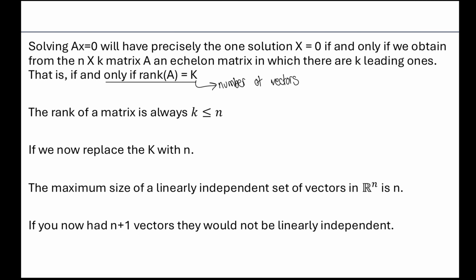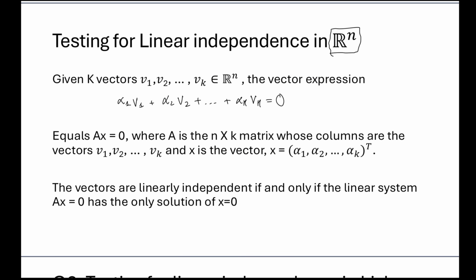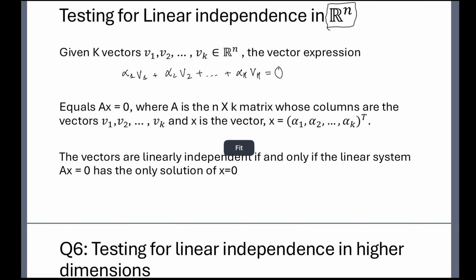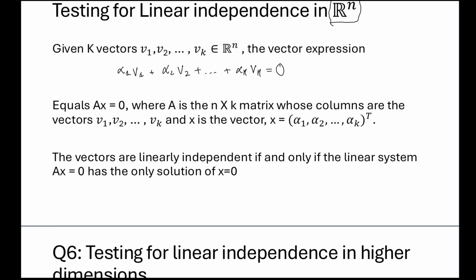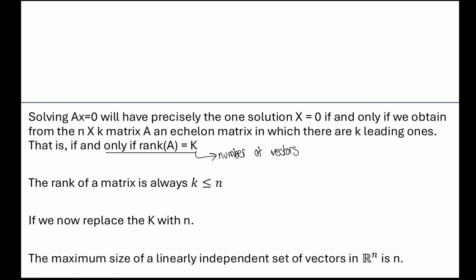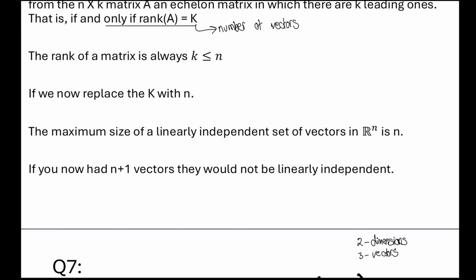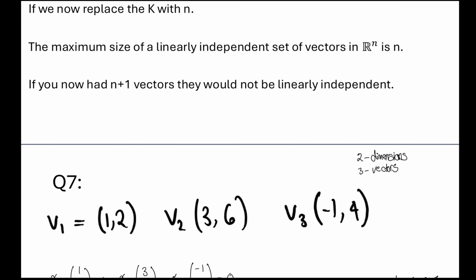So now, if we replace k with n, if we replace these k's with n, that means that the maximum size of a linearly independent set of vectors in the nth dimension would be n. So we know that if you now had n plus 1 vectors, they would not be linearly independent.